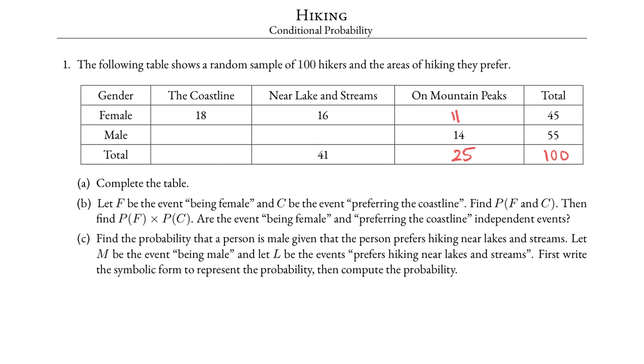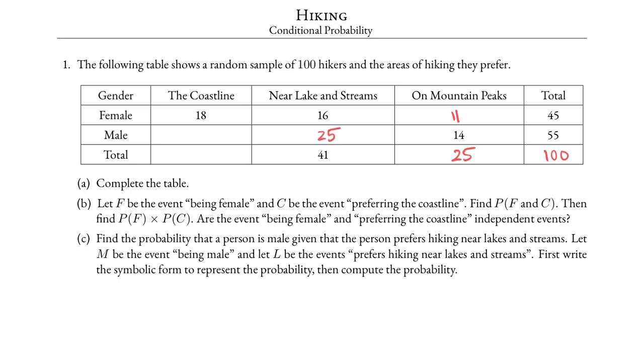We can't use the first column because there are 2 missing numbers, but we can use the second column here. 16 plus a missing number equals 41, so that missing number is 41 minus 16, which is 25.